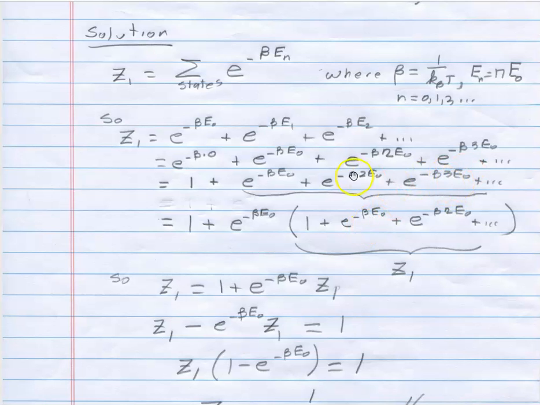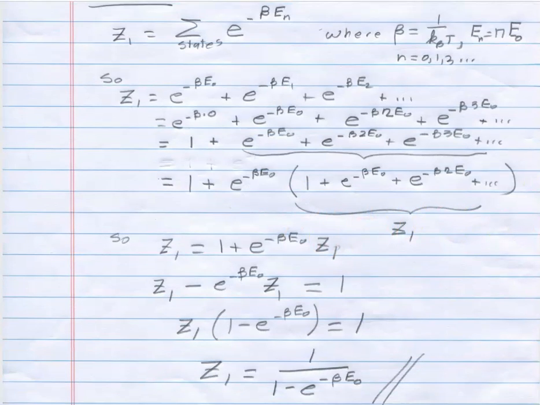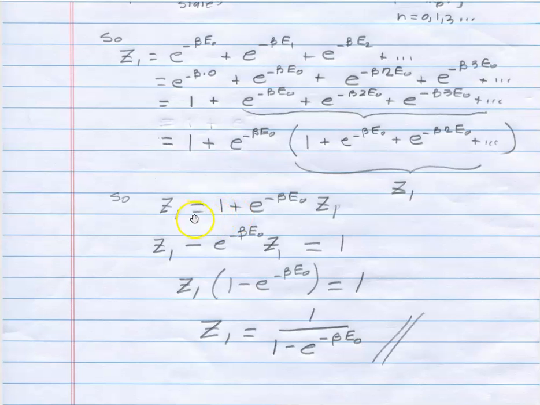I factored out one of these, so that leaves me with e to the minus beta 2 E naught, and so on. Then I just noticed that this was Z1 up here, and that's the same series as I have here. So this whole sum in parentheses with this e to the minus beta E naught pulled out is just Z1.